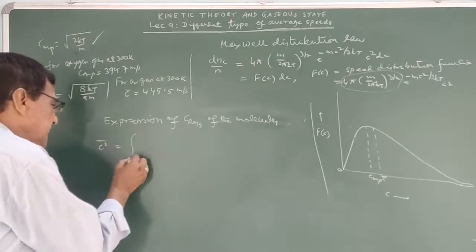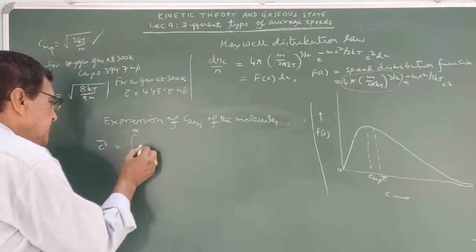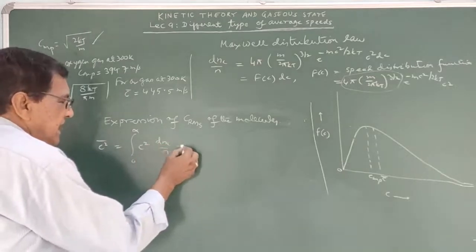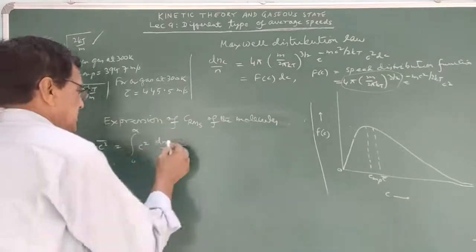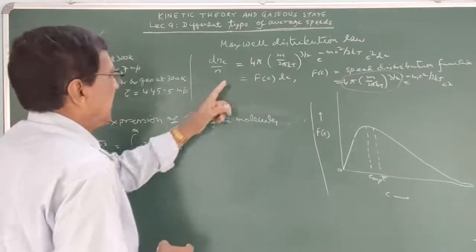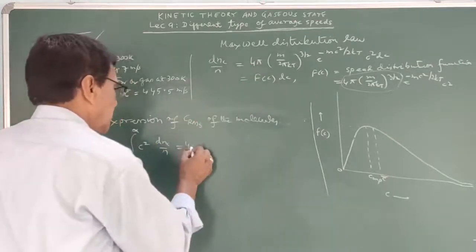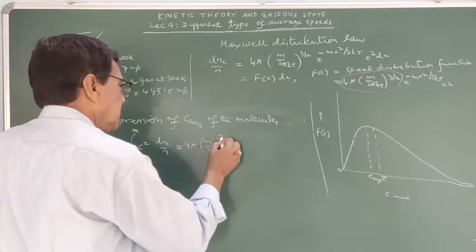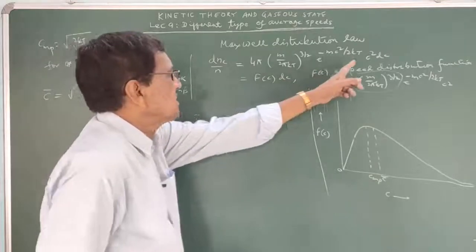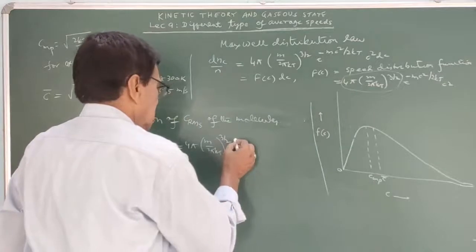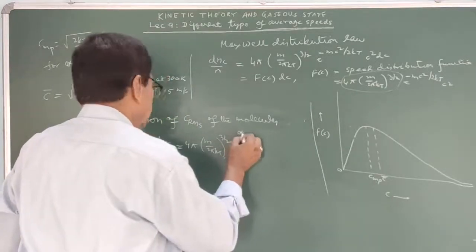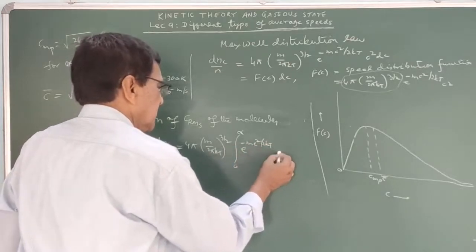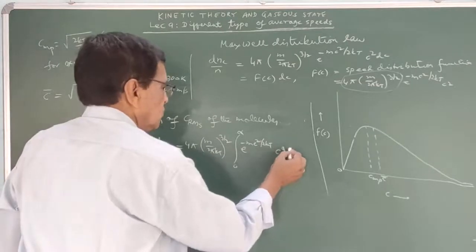Mean square speed again, 0 to infinity, C square dN_C by N, and instead of dN_C by N we can write 4π (m by 2πkT) to the power 3 by 2, C square, integration 0 to infinity, e to the power minus mC square by 2kT, into C to the power 4 dC.